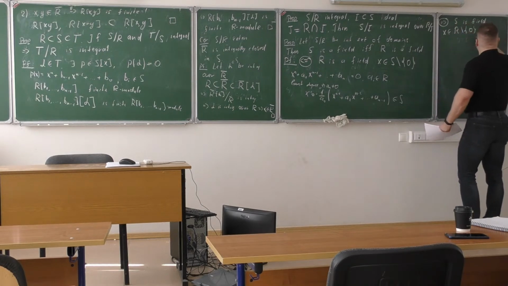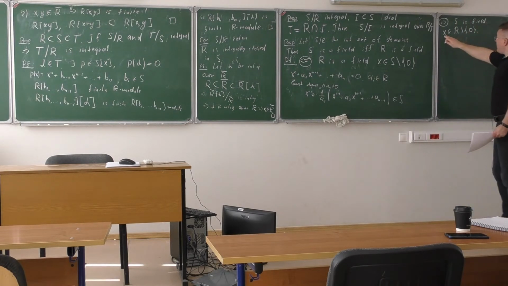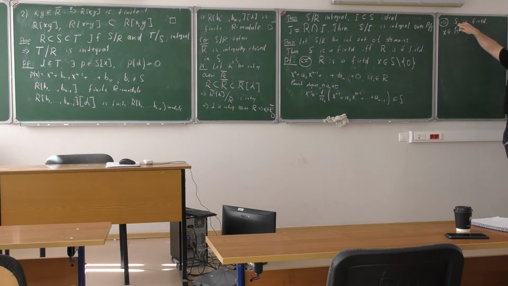Well, first of all, I can consider this x as an element in S. So x inverse lives as an element in S, since S is a field. So the problem is to show that this x inverse is actually an element in R. Then I'm done with this proof.